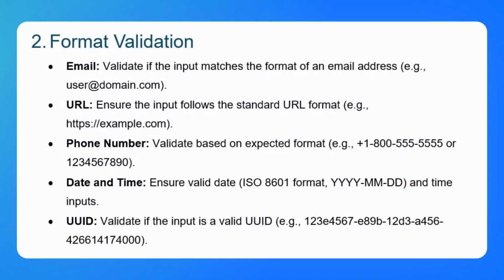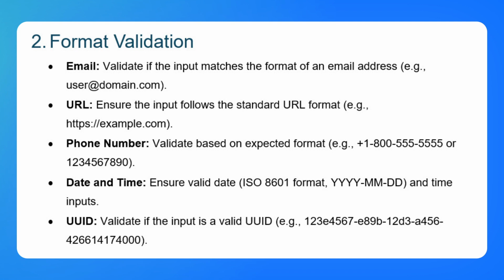Regarding format validation, which is very important, we need to make sure that the email is in a valid format. In the email case, we have text@text.com. The URL case ensures that the input follows the correct URL format, https://example.com.